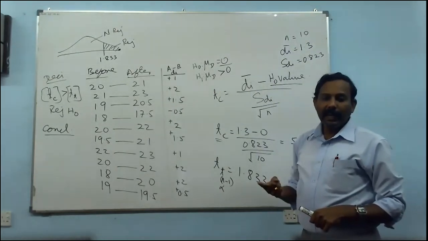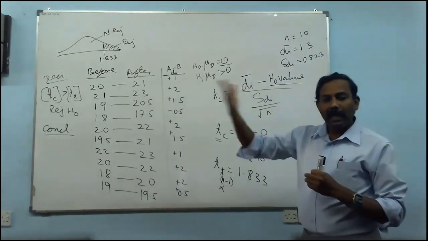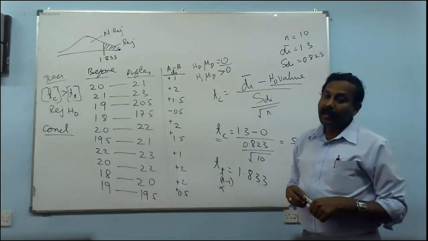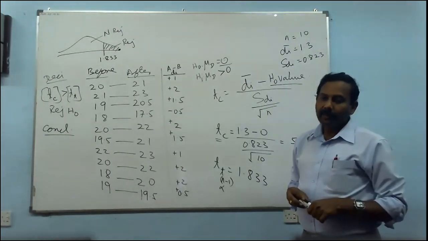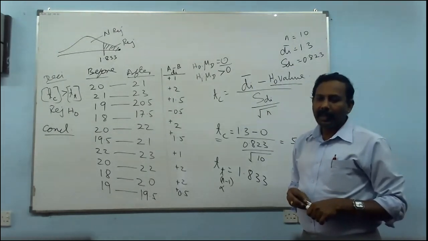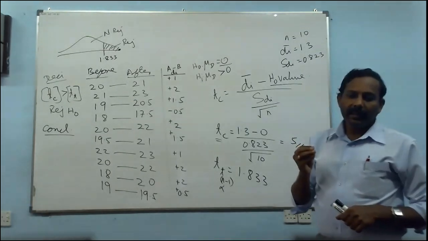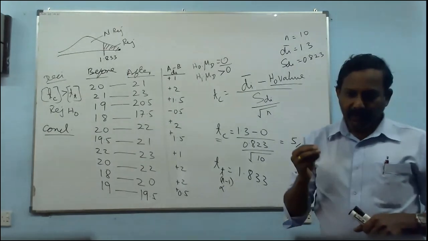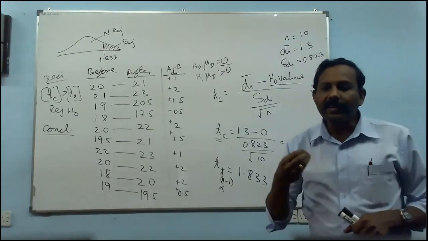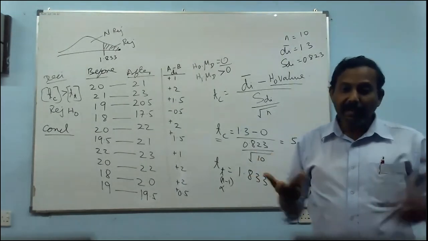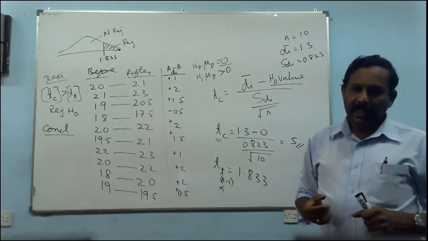When you accept the alternative hypothesis, there's evidence that the mean difference is more than 0. What do you mean by that? There's evidence that this particular hormone has increased the milk yield of cows. That is what we are testing.